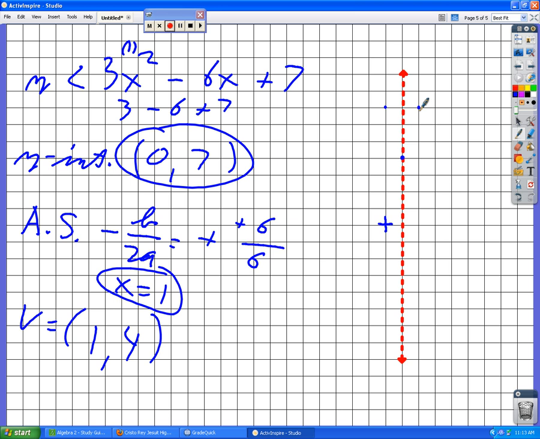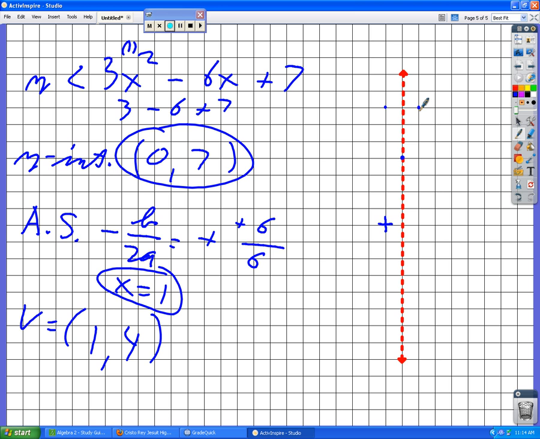What does it look like? It looks like a U, pointing up. It opens up. It is dotted. Why is it dotted? Because there's no equal sign. Whenever we have an inequality, we have a solid line or a dotted line based on whether it's equal or not equal.